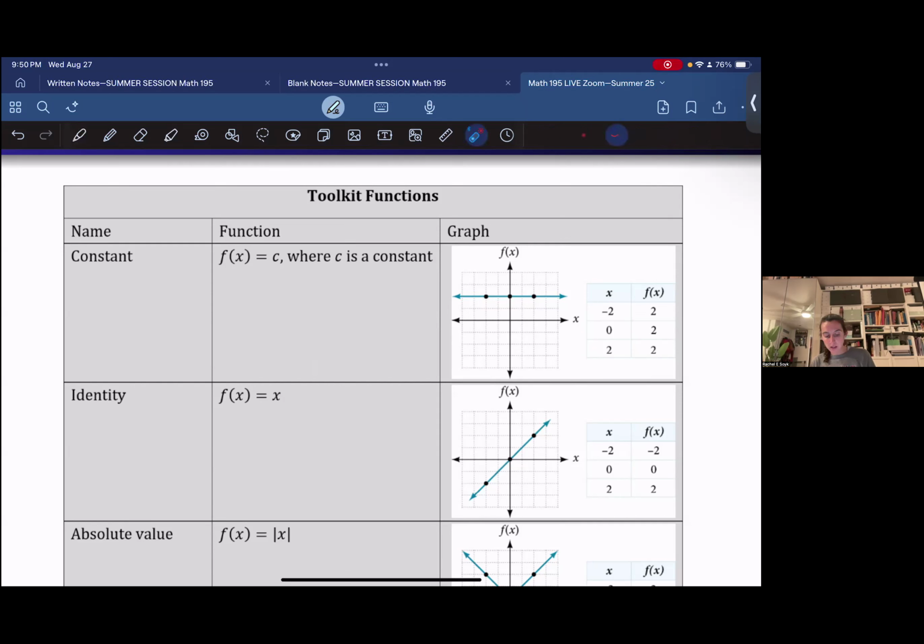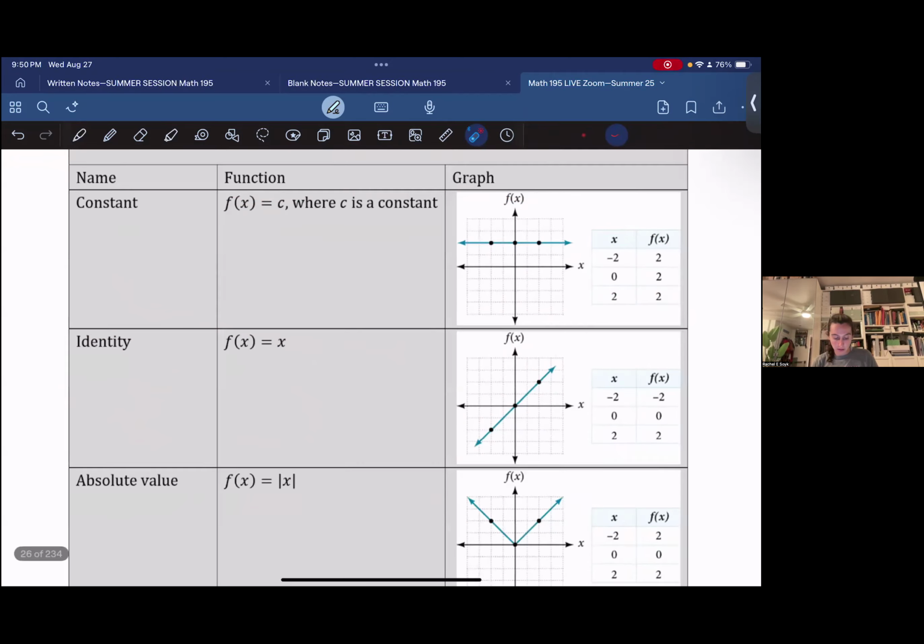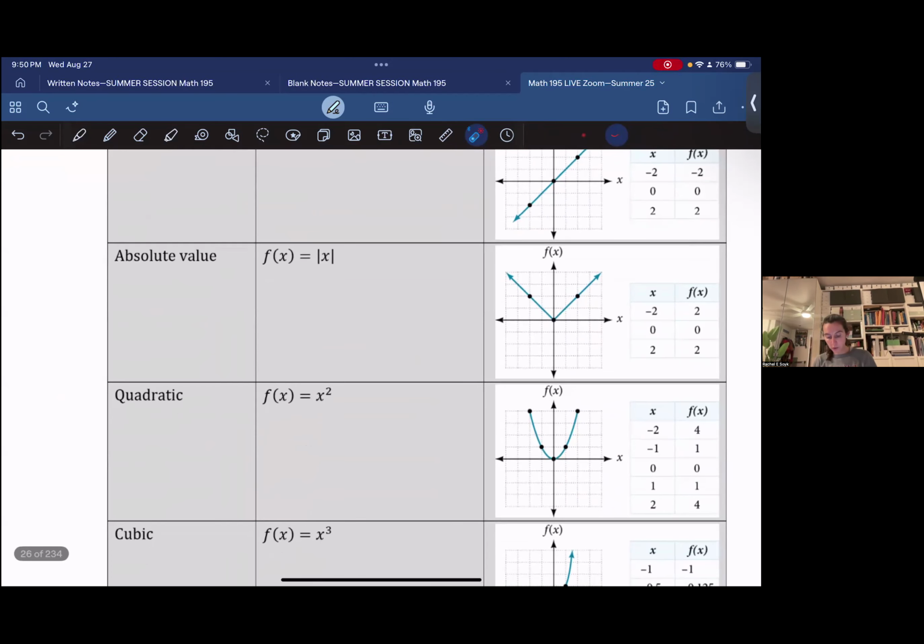So we have our famous constant function, horizontal lines, our identity function, which also happens to be a linear function. Our absolute value forms that V. Our quadratics are those U shapes, or if it's upside down, caves.